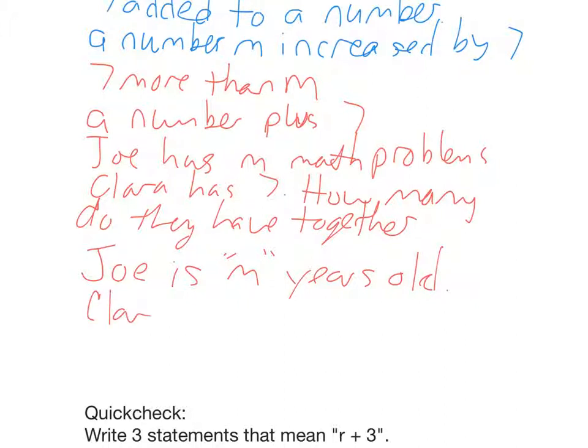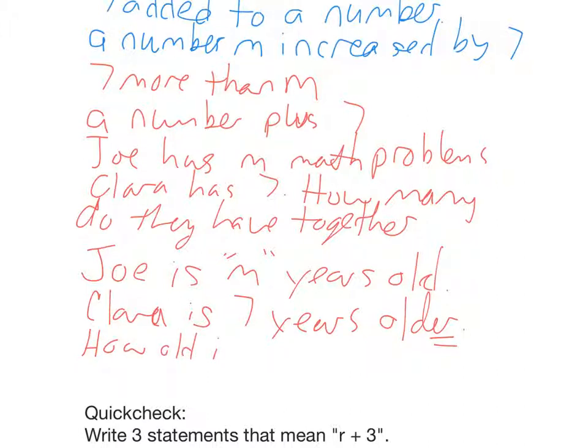Clara is 7 years older. There's the ER word. How old is Clara? She would be m plus 7. Because ER often means to add.